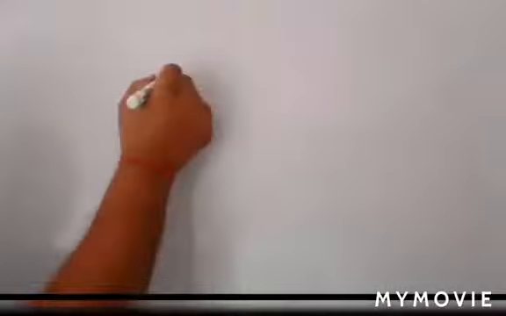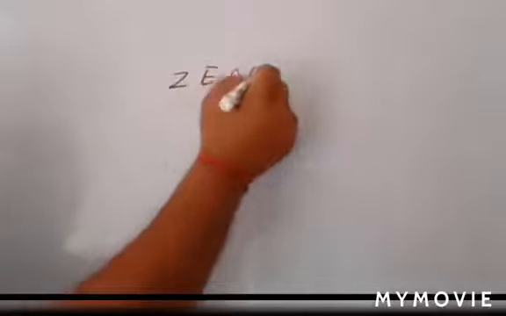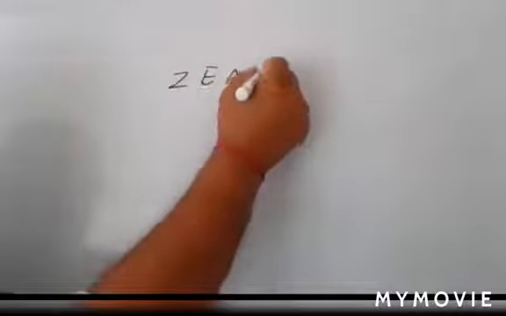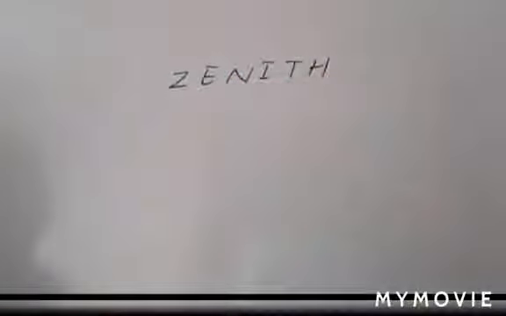The letters of the word Zenith, ZENITH, are written in all possible orders as in a dictionary. What is the rank of the word? So here you have to find the rank of the word.